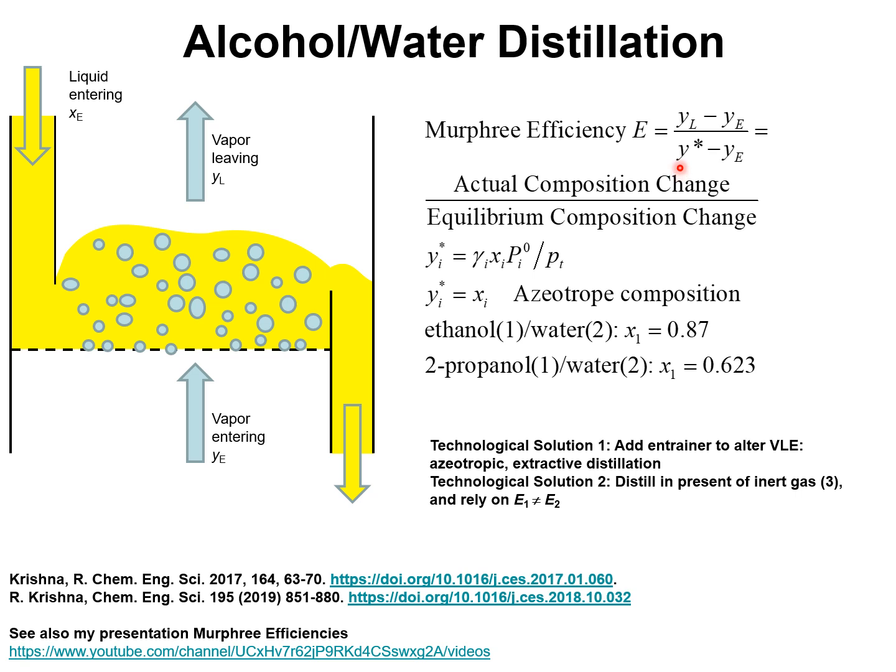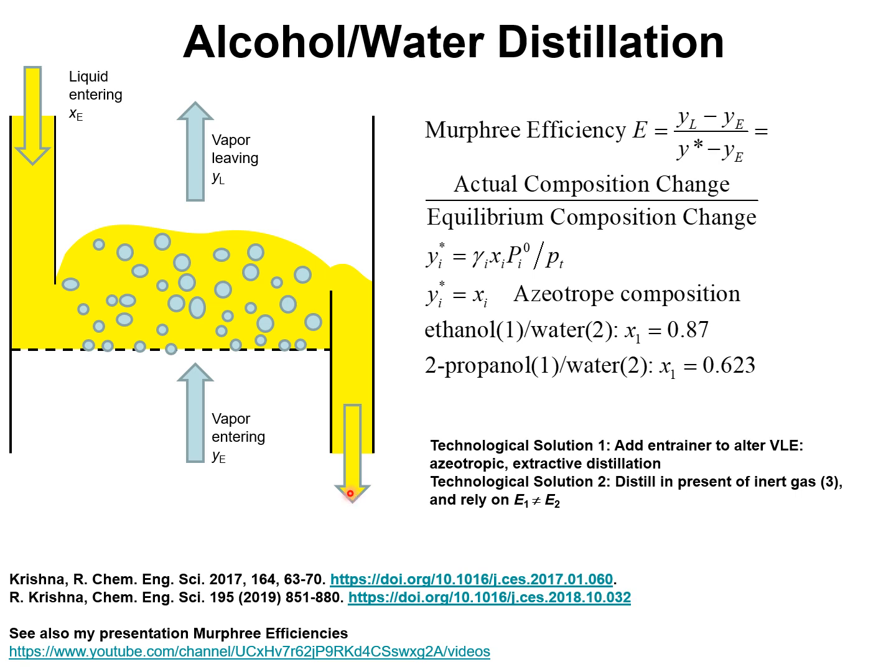And Y star is the composition of the alcohol that is in equilibrium with the liquid leaving the tray. So the Murphy efficiency is the actual composition change in the vapor phase divided by the composition change where the vapor leaving is taken to be in equilibrium with the liquid leaving the tray.